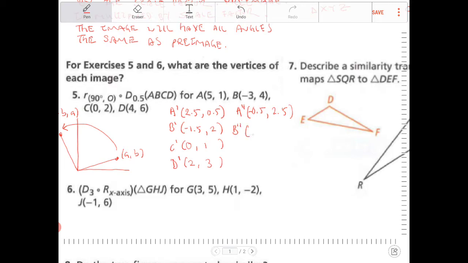B double prime will end up being negative 2, negative 1.5. C double prime will end up being negative 1, 0. And D double prime will end up being negative 3, 2. So this is my final answer after the composition of transformations.